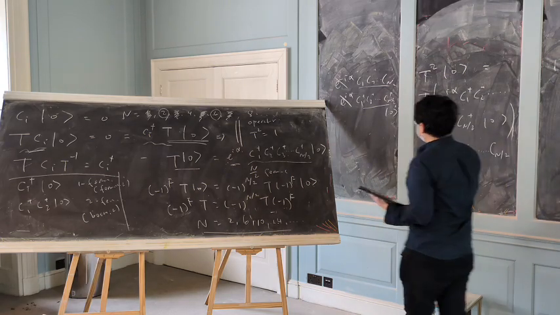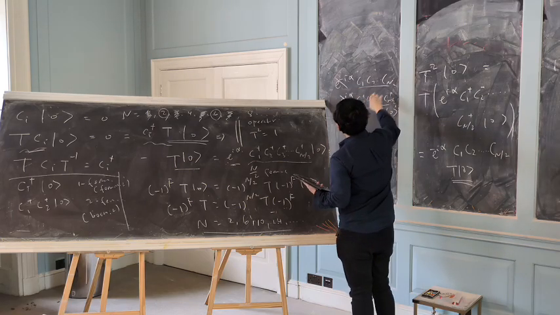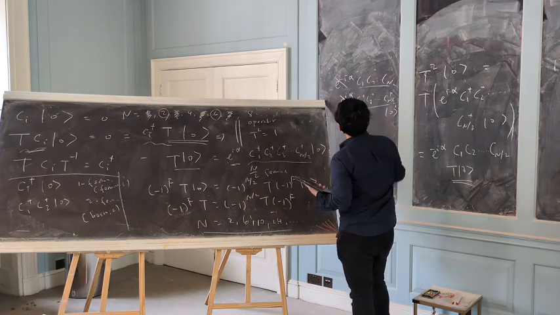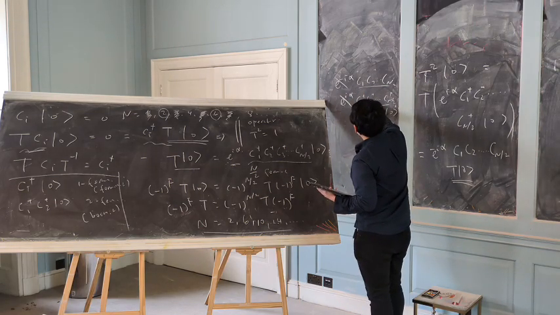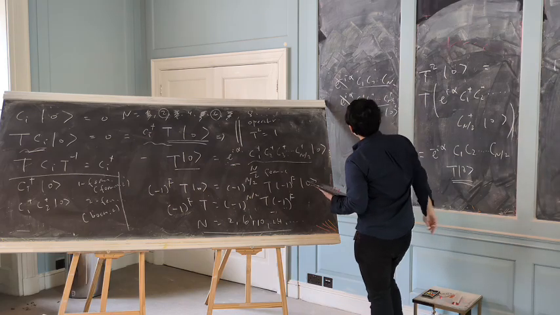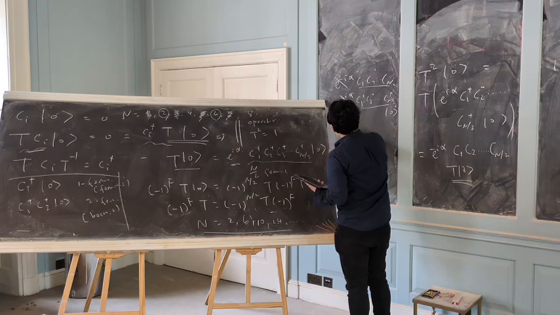So for example, I can move the CI dagger past this n over 2 number of annihilation operators to the very left, and then I can move the C2 dagger operator also to the left of C2.